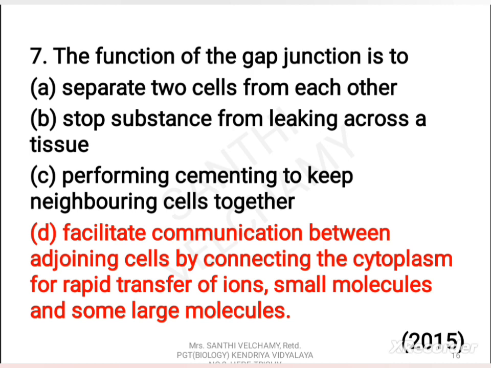At the place where a gap junction is present, the membranes of adjacent cells are separated by a uniform narrow gap, and the gap is spanned by channel-forming proteins called connexons, which allow inorganic ions and other small water-soluble molecules to pass directly from the cytoplasm of one cell to the cytoplasm of another. That's why D is the correct answer.